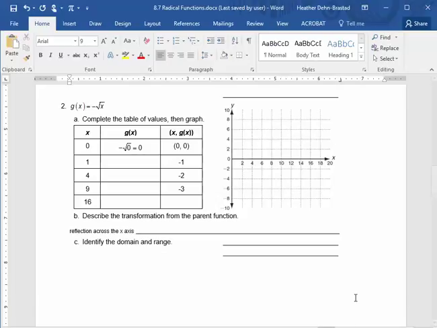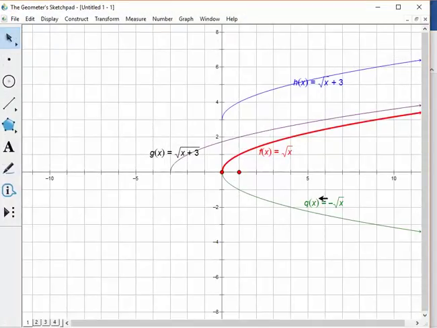And the domain of this, I can flip back, but the domain was x has to be greater than or equal to 0. I'm going to underline that to show that it can be greater than or equal to. And the range, let's go back and look at the range before I type that in, of the negative square root of x. That was the green one down here.